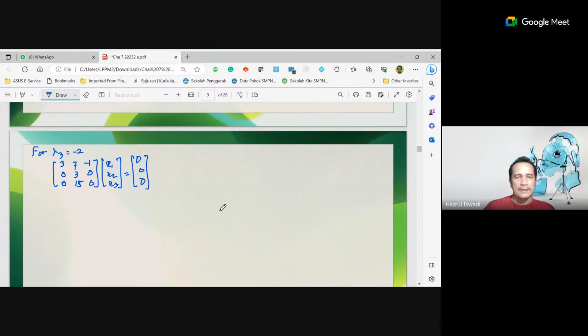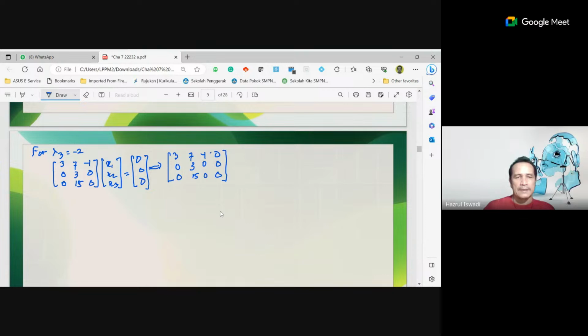We have also this homogeneous linear equation system, and then we make the augmented matrix 3, 7, minus 1, 0, 0, 3, 0, 0, 0, 15, 0, 0.